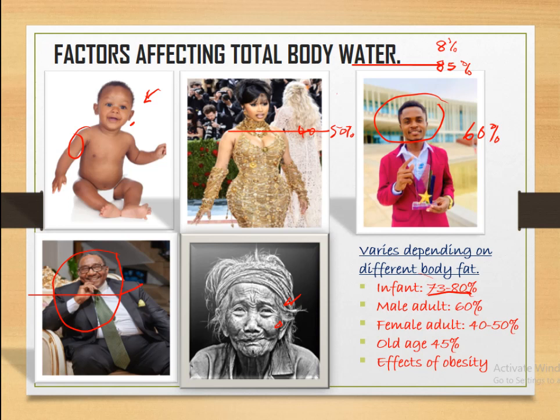At this point, I have explained the factors that affect the total blood volume. One, it depends on what? On the body fats. The body fats, these are adipose tissues, which can also be said to be lipids. And then we have also talked of the age. So the age also matters, the gender also matters, and also some health conditions.